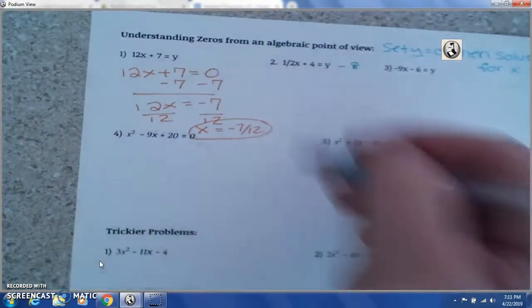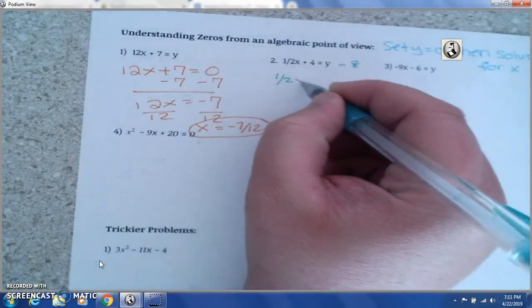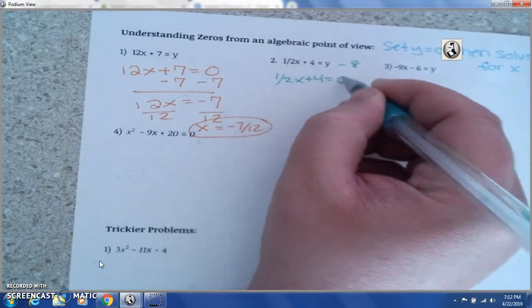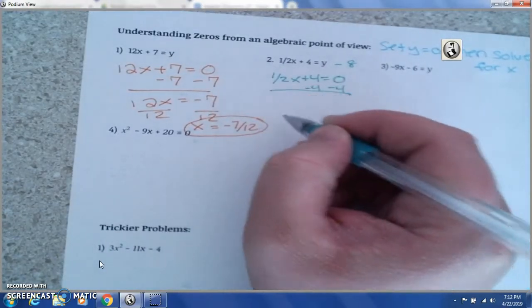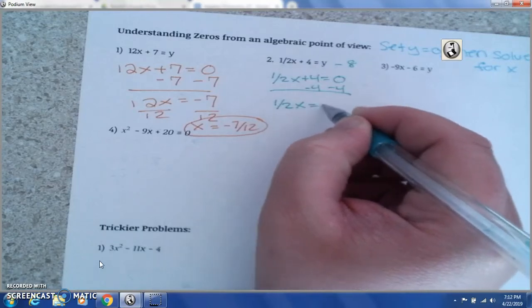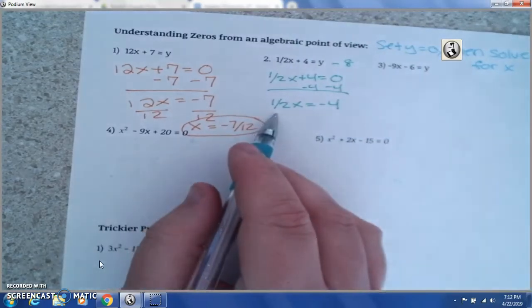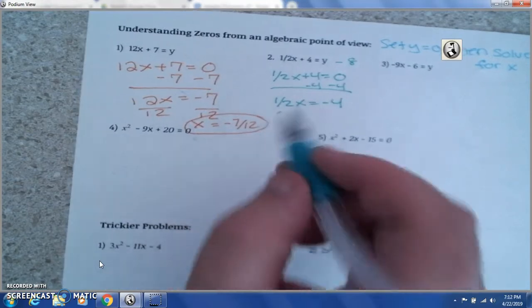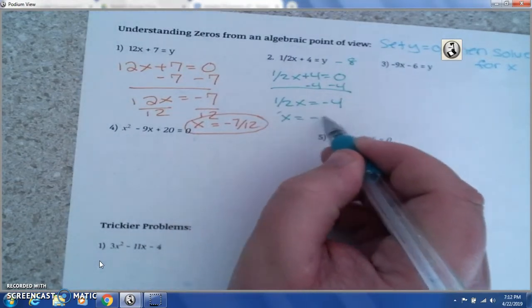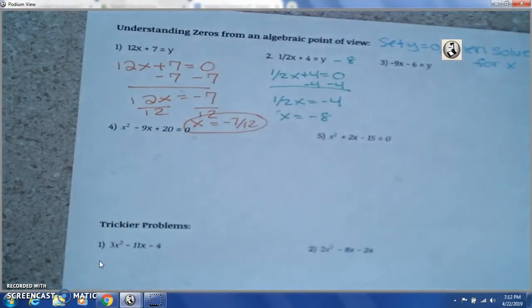But if you wanted to solve it algebraically, 1/2 x plus 4 equals 0. I'm going to subtract the 4 from both sides. 1/2 x equals -4. When you're dealing with a fraction, turn it to a decimal or multiply by the reciprocal, 2 over 1. So x is equal to -8. Okay?